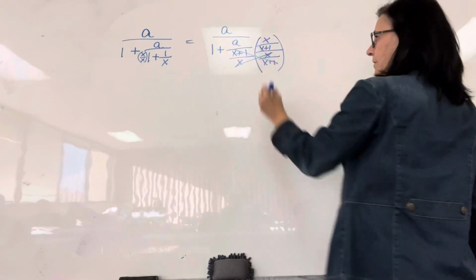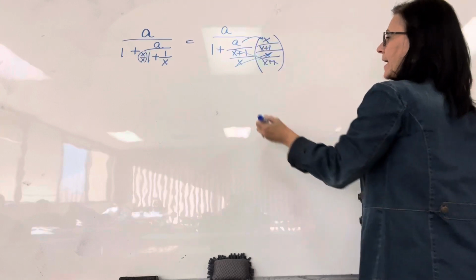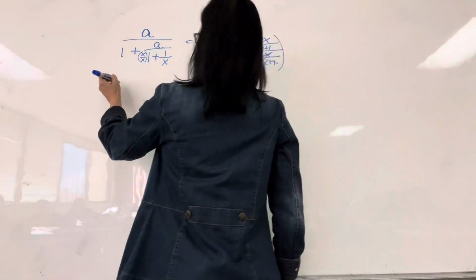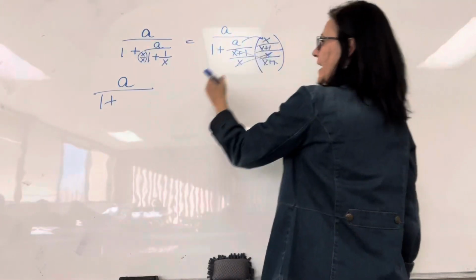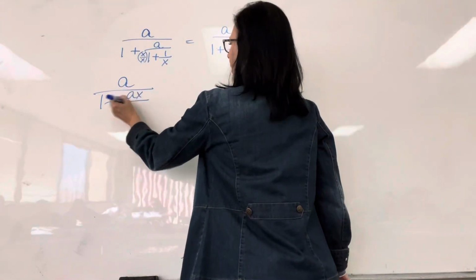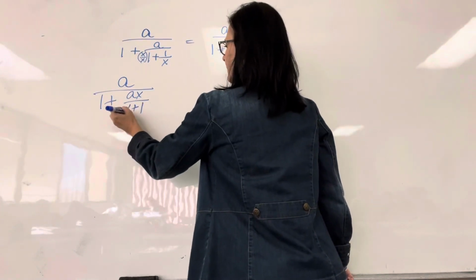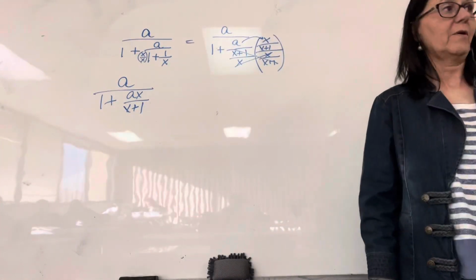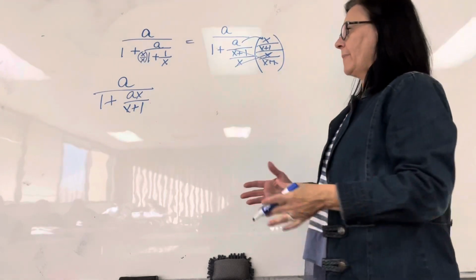This denominator eliminates. I multiply A by X. I end up with A over 1 plus, it's AX over X plus 1. Now, we're back to where we were. See, it's just that added step. Back to the old lesson.